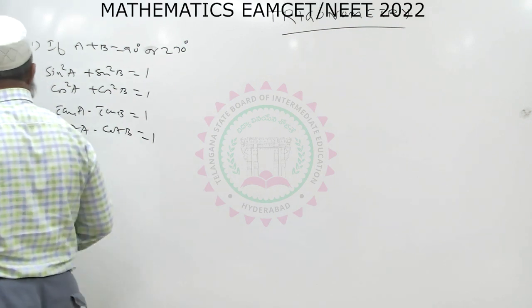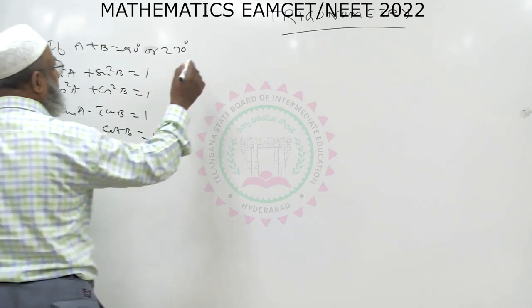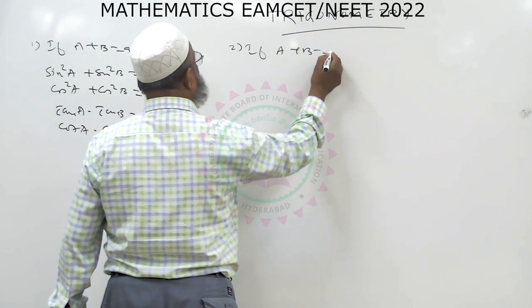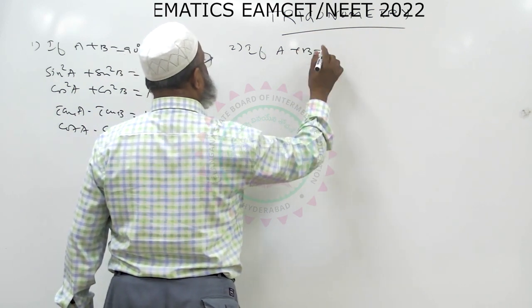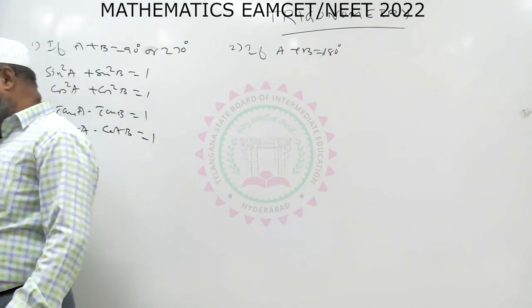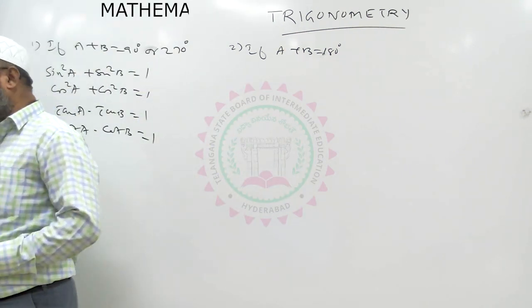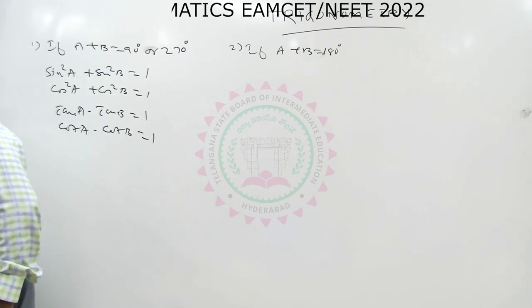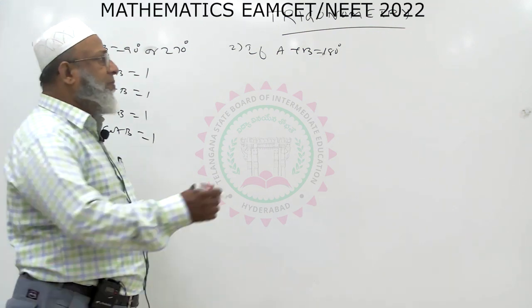Similarly, the second one: if A plus B is equal to 180 degree, then cos A plus cos B is equal to 0.